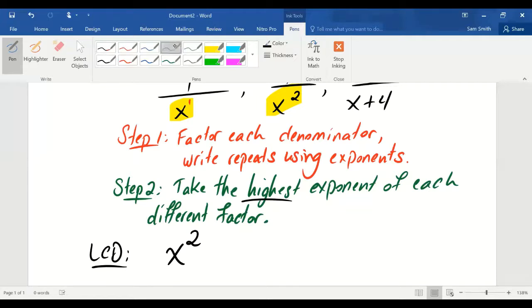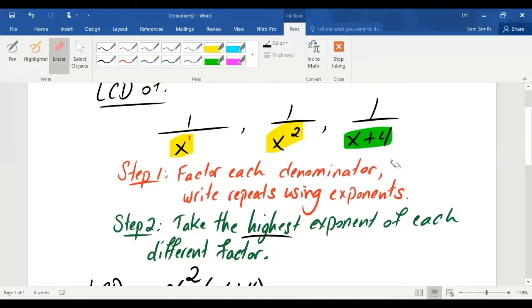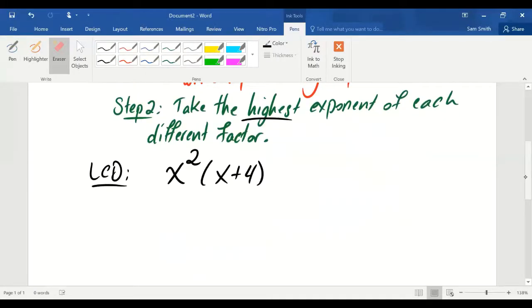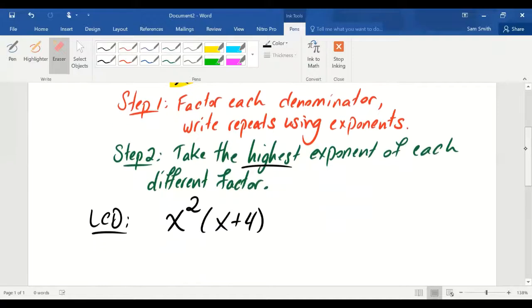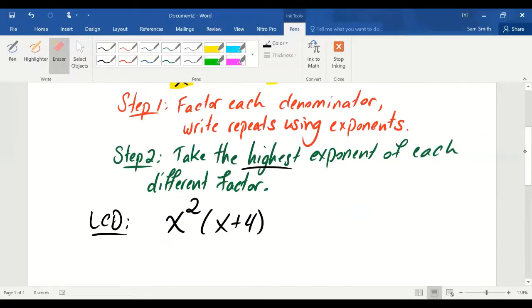Now, the next distinct factor that I have is the factor x plus 4 from fraction number 3. The factor x plus 4 doesn't appear anywhere else, so its highest exponent is just 1. It only appears one time in this one factor with an exponent of 1. And so this would be the least common denominator of these three fractions, x squared times x plus 4.